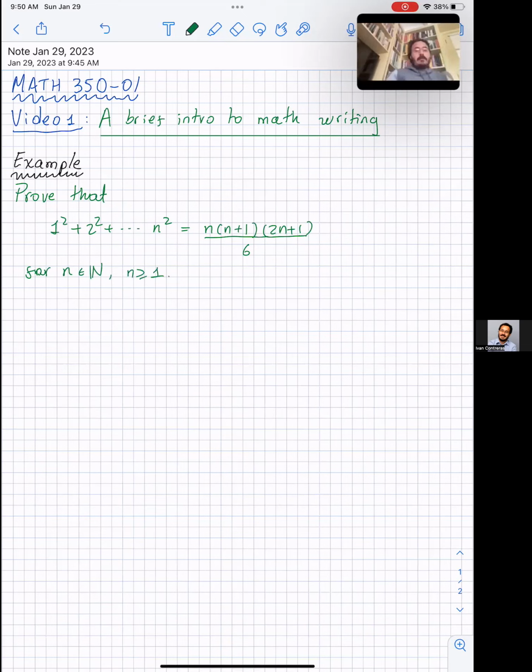This is a prototypical example of a type of statement that we can prove using mathematical induction.